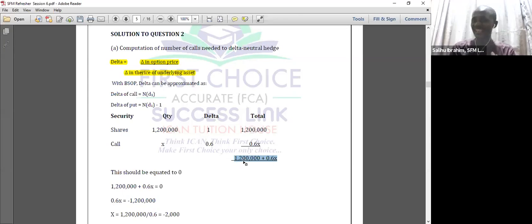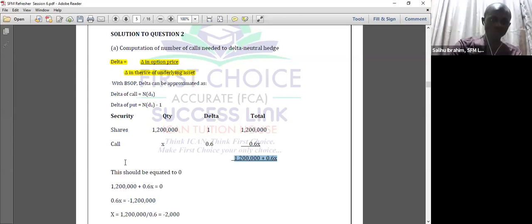It means the changes in the price of the asset is not having any impact on the price of the call option.